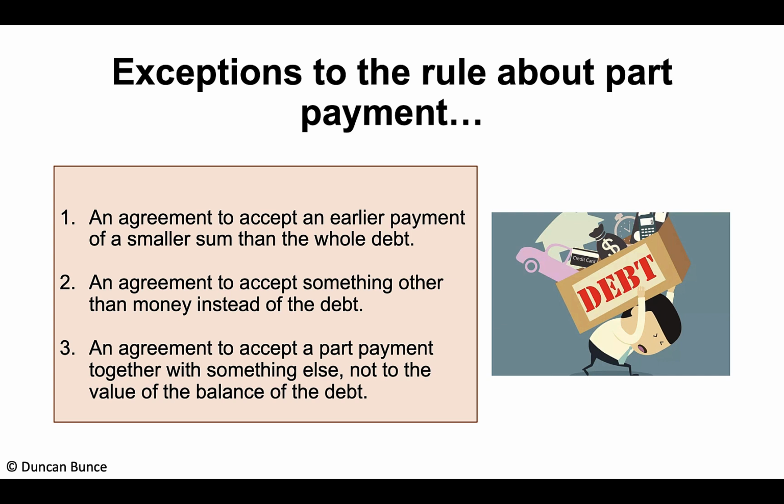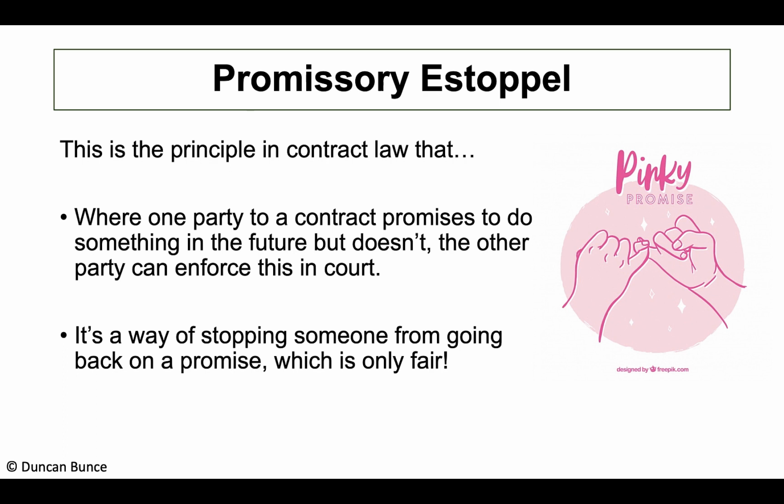And thirdly, an agreement to accept a part payment together with something else, not to the value of that debt. So this is complicated-ish to remember, but I think it's just something to look out for, certainly, when you look at your problem scenarios.